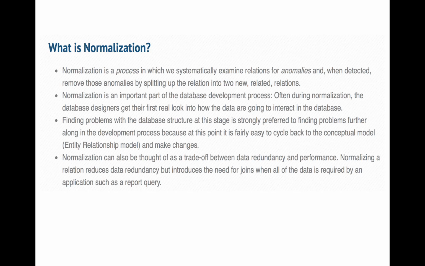When you have more tables, this is going to affect performance. However, having less repeated data is easier. So normalizing a relation reduces data redundancy, but it will introduce more joins and more tables.